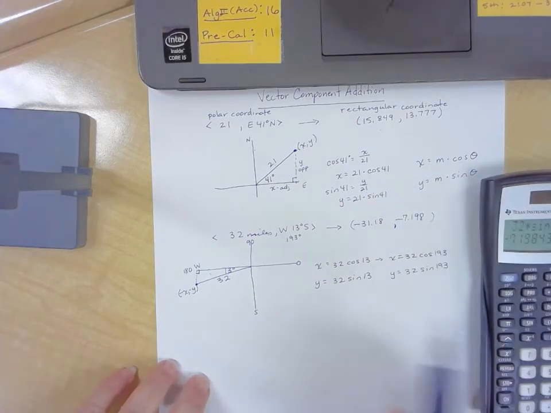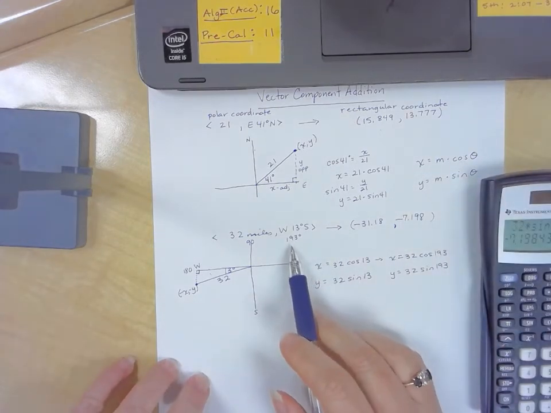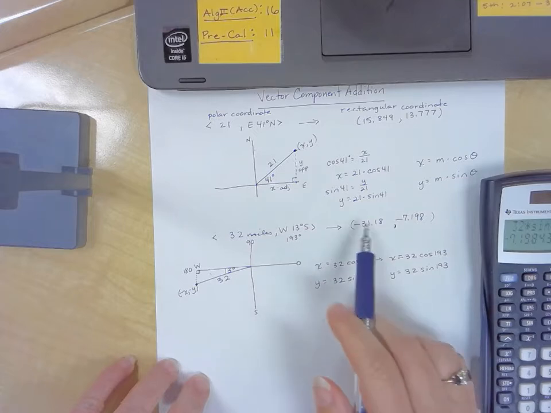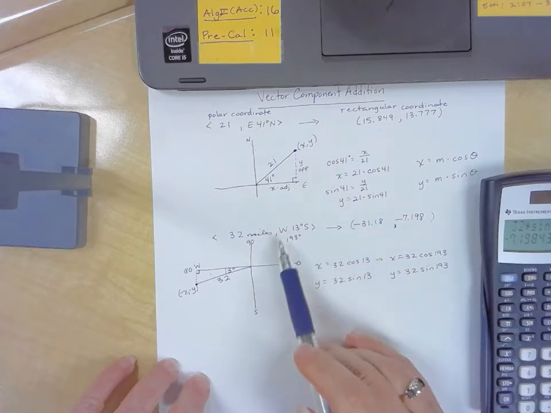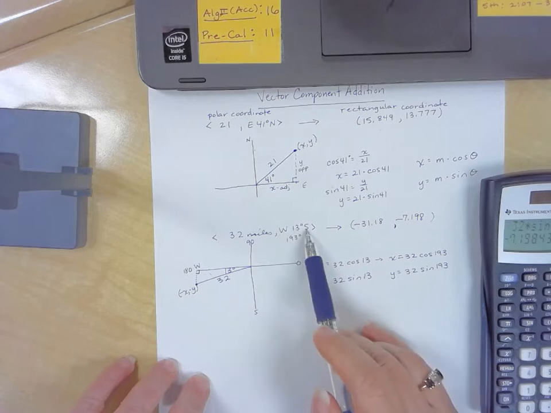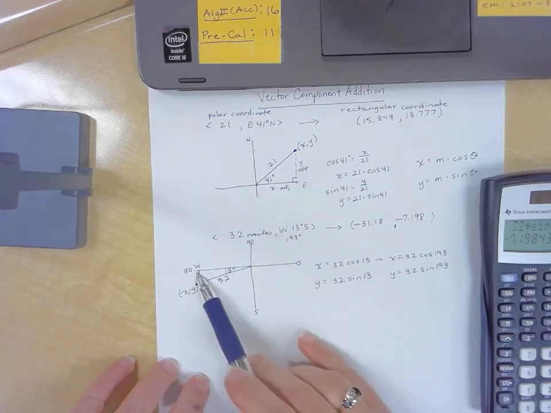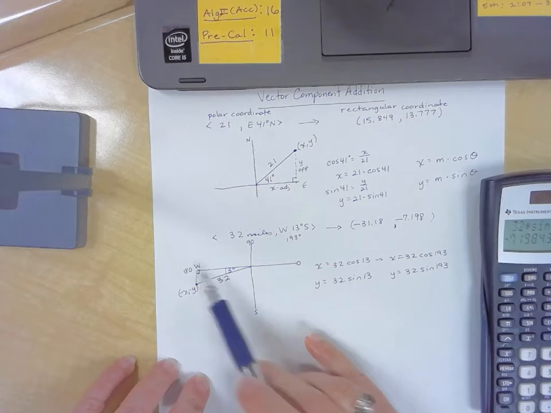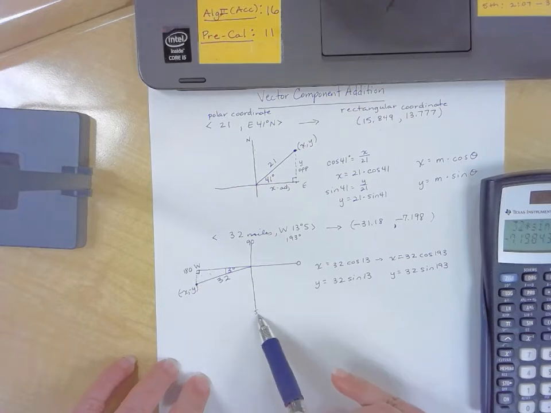So either convert between 0 and 360 to give you the correct sign, or just remember by direction that west and south are both negative directions. West is negative on the x and y coordinate, south is negative on the x and y coordinate.